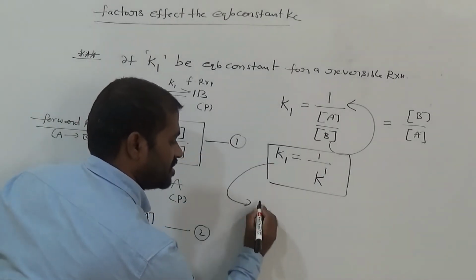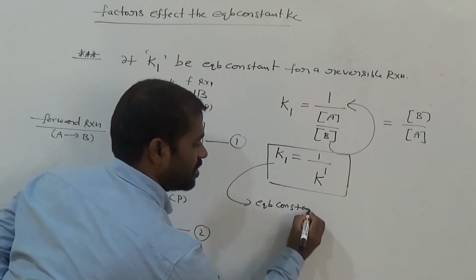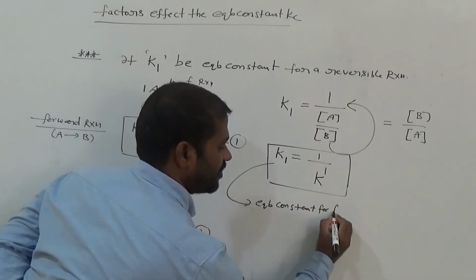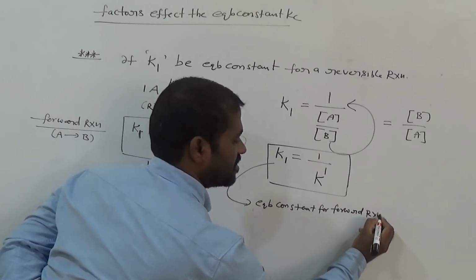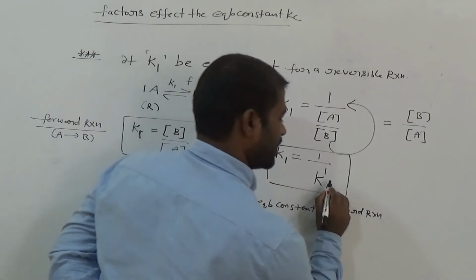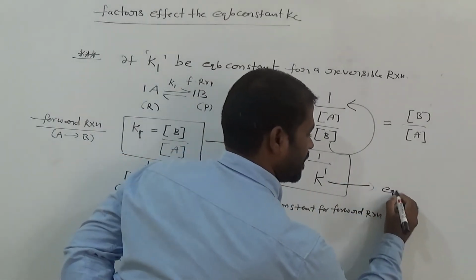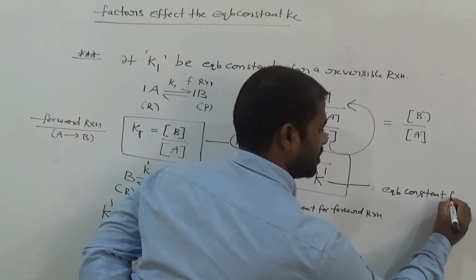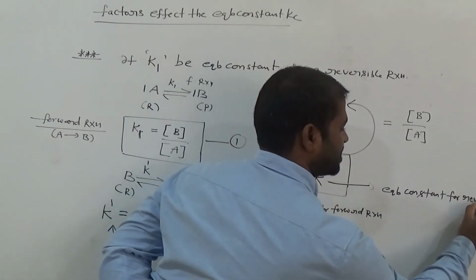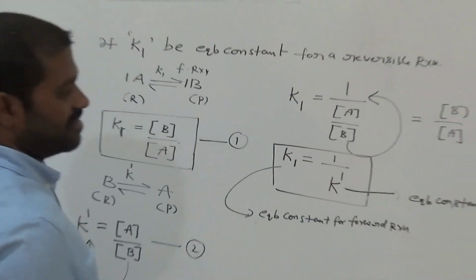Equilibrium constant for forward reaction. What about K dash? Equilibrium constant for reverse reaction or backward reaction.